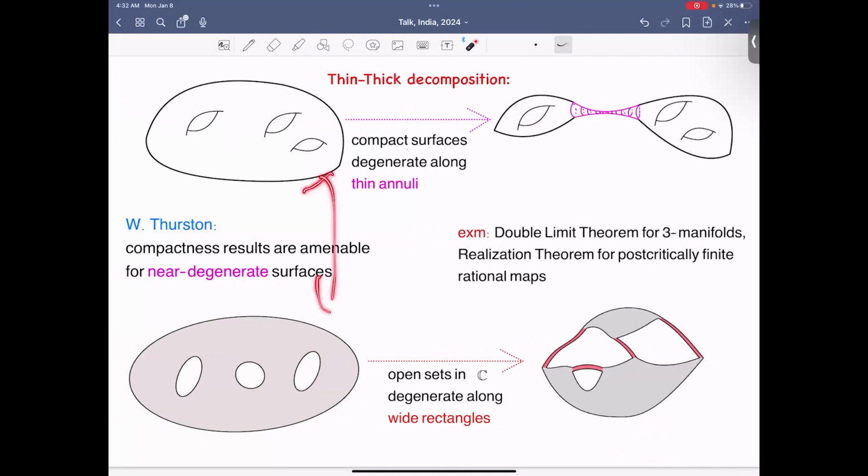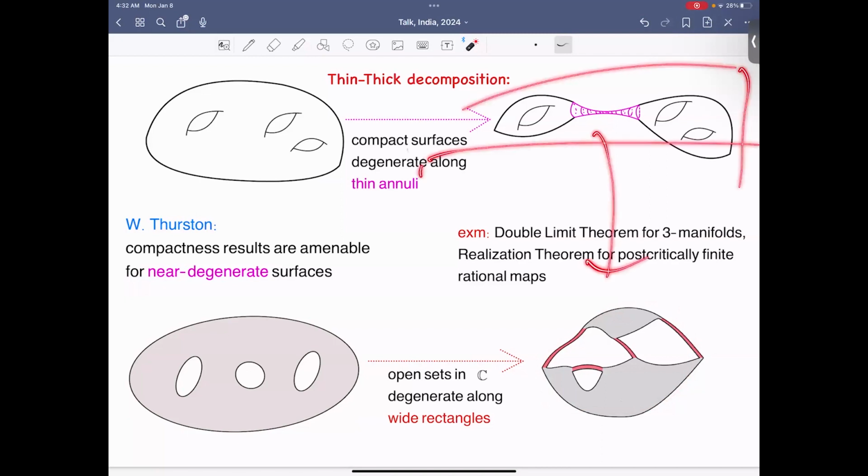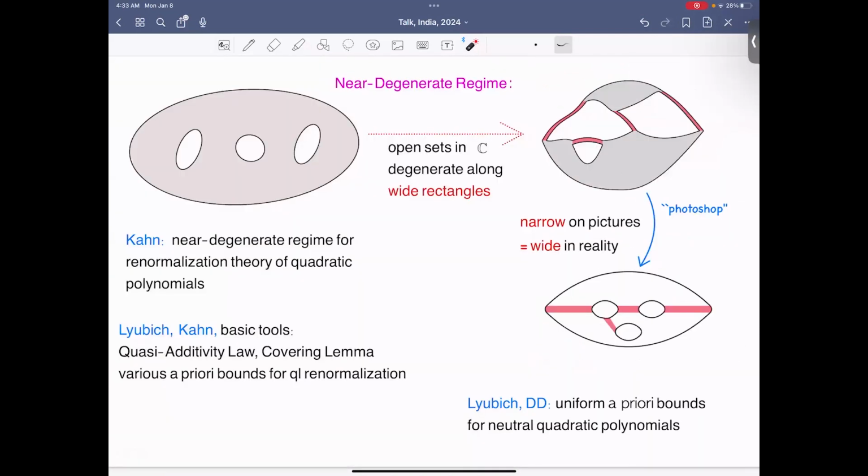To relate this to the compact case, we can just mirror this picture, and when we do the mirror, we produce a compact surface. And to go back from there, we just cut in half. This was also productive in the renormalization theory of quadratic polynomials and beyond. Jeremy Kahn was the one who introduced these ideas to the renormalization theory.